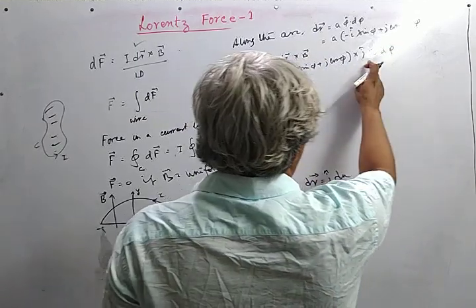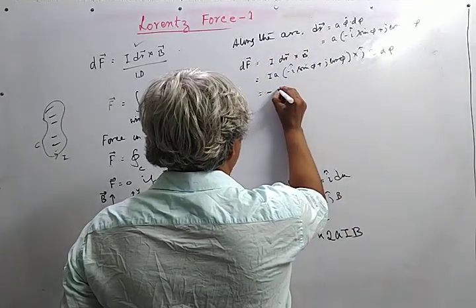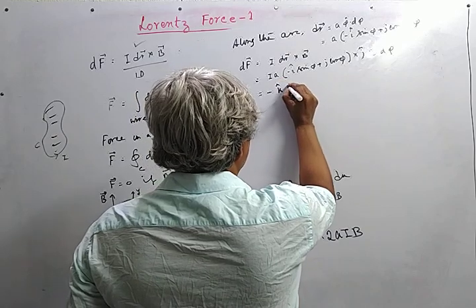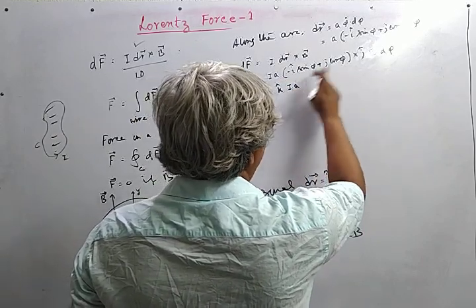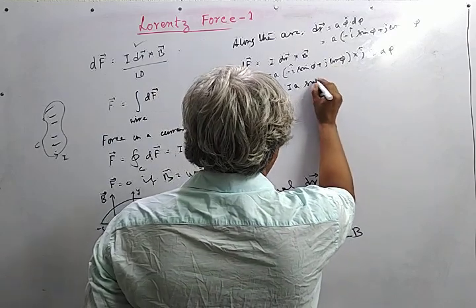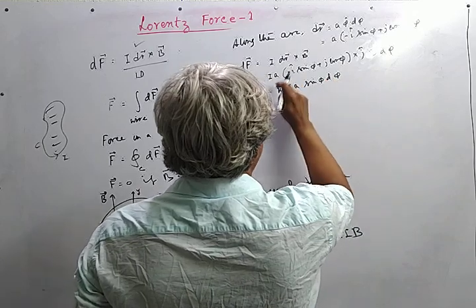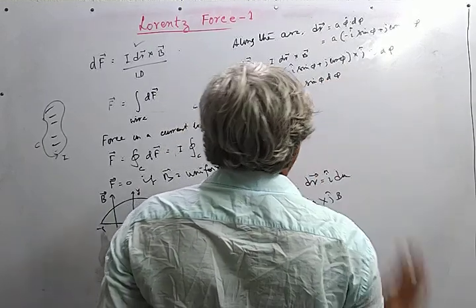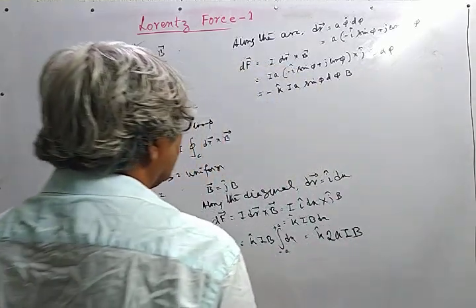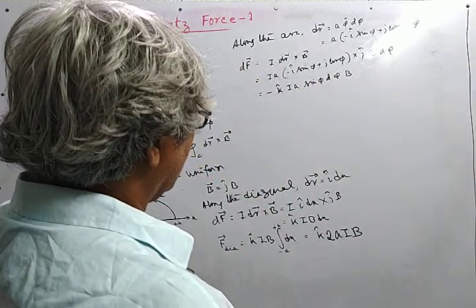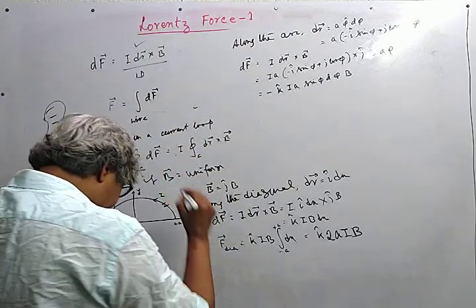So i cross j is k, so this is minus k cap I a B sin phi d phi, and j cross j is 0. So this is the force on an elementary arc length.